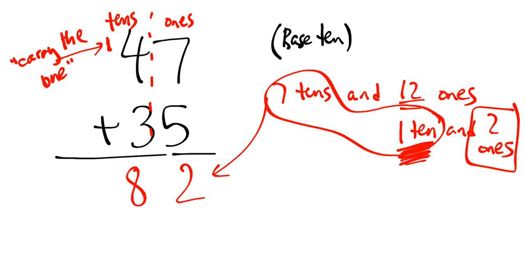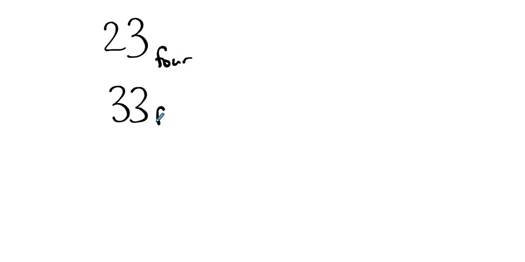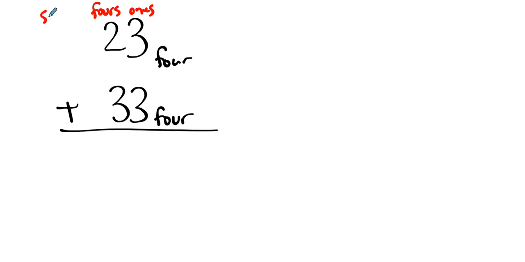Does this apply to other bases? You betcha. Let's add 23 base 4 to 33 base 4. Well, 3 plus 3, that's 6. But the place values are 1s and 4s and 16s.